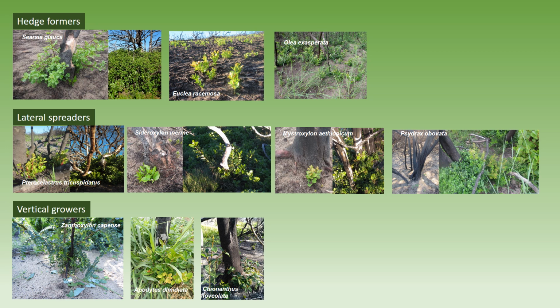And then vertical growers also sprout, like Xanthoxylum, Apodytes, Chionanthus foveolata. On average, they sprout less than lateral spreaders and hedge formers, but we also have to bear in mind that their sprouts are pretty much restricted to the area where the main stem is.